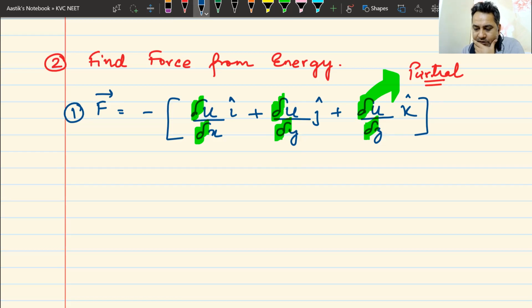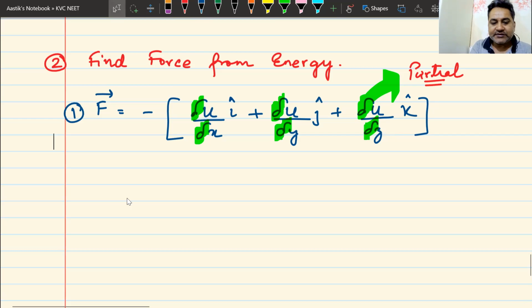Now, what do you mean by this partial derivative? Instead of writing the entire thing, it would be easier for me to show the notes, and that will save some time, and you can use that time to note down what is given.